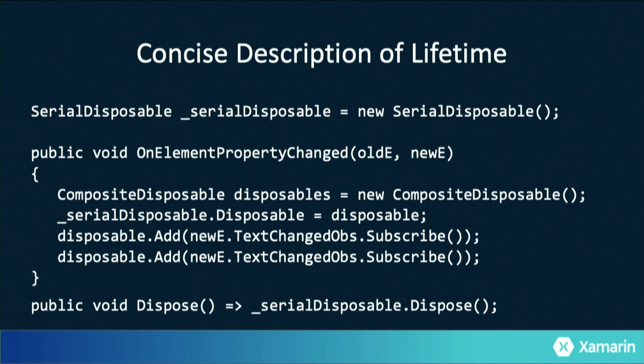So now all of your events are totally unwired, and then you start wiring up your new ones. In your dispose, you just have a single serial dispose, which is your class level managed resource that you're disposing of. So there's not this complexity of management as far as your event handling. This actually was the first thing that got me into reactive programming, the disposable management.